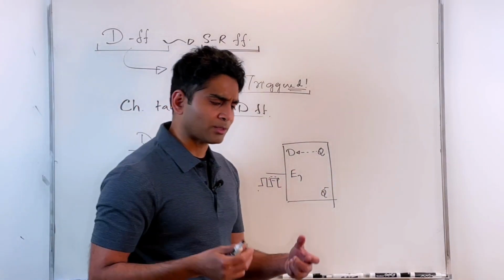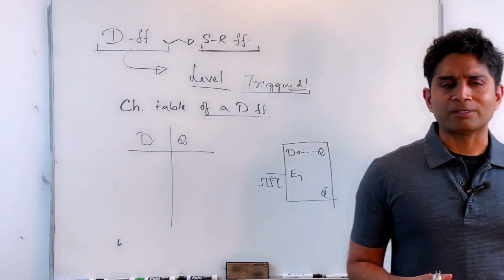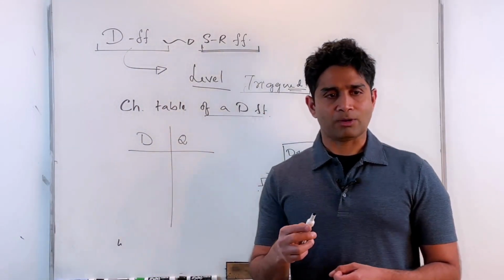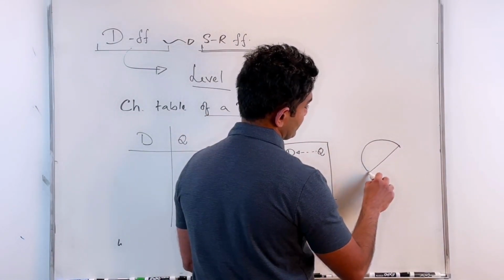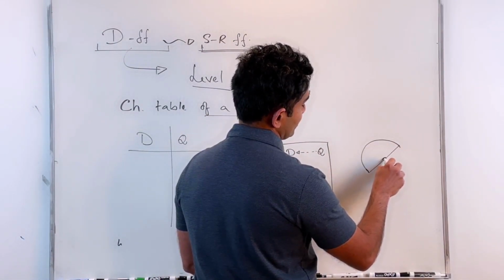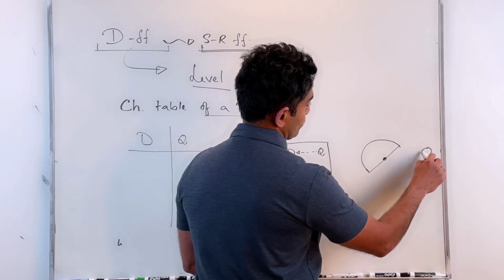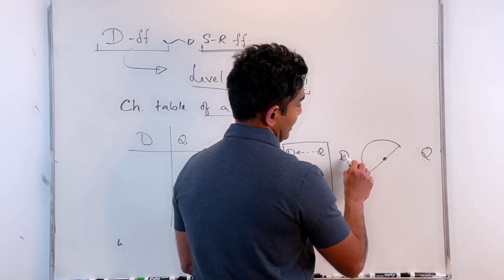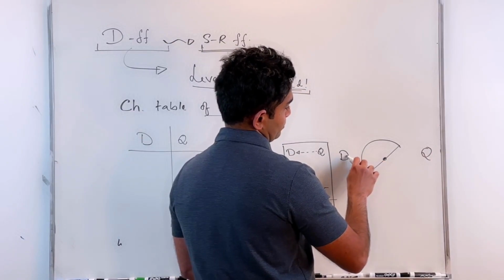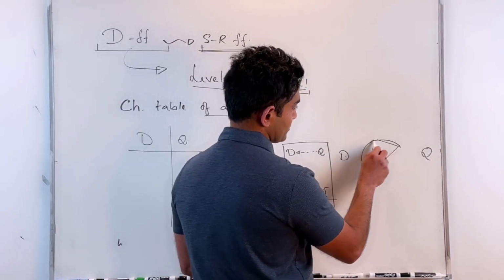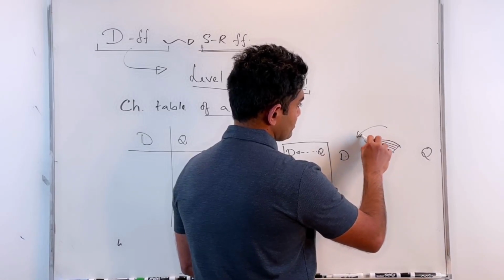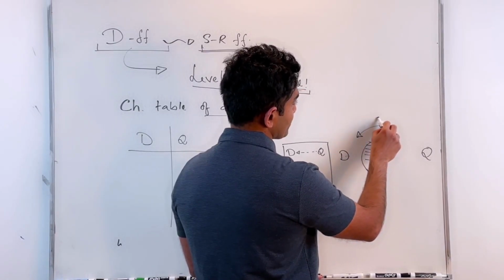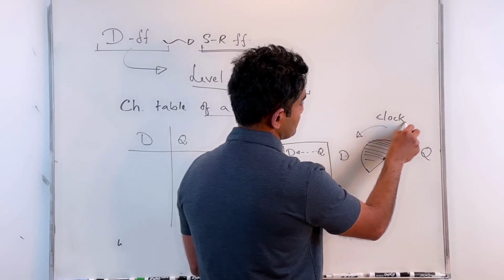So we took the analogy of a wheel that, in this particular example, could be a semicircular wheel, something like this, right? That's your output, that's your input, and only when it's not blocked by this opaque object that is rotating. At what frequency? It's rotating at the frequency of a clock, for example.